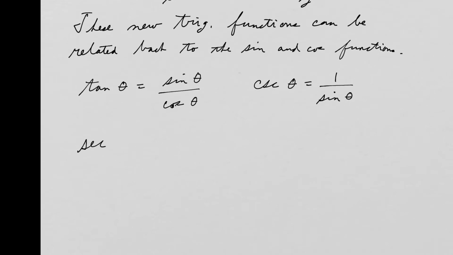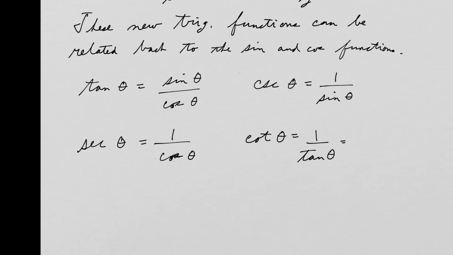Secant of theta is 1 divided by cosine. So that you just have to remember. The way I kind of remember it is cosecant and secant are kind of backwards. Like cosecant, the c corresponds to sine, s, so it's 1 over sine, and secant corresponds to cosine, the c, right? And then cotangent of theta is really 1 over tangent.